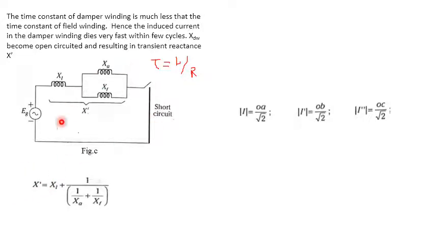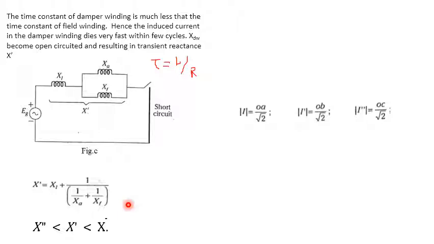Because XdW is short circuited, meaning very small, this branch is effectively open circuit. XA is parallel with the field winding reactance, and with the leakage reactance in series. So X dash will be XL plus 1 divided by (1 by XA plus 1 by XF).